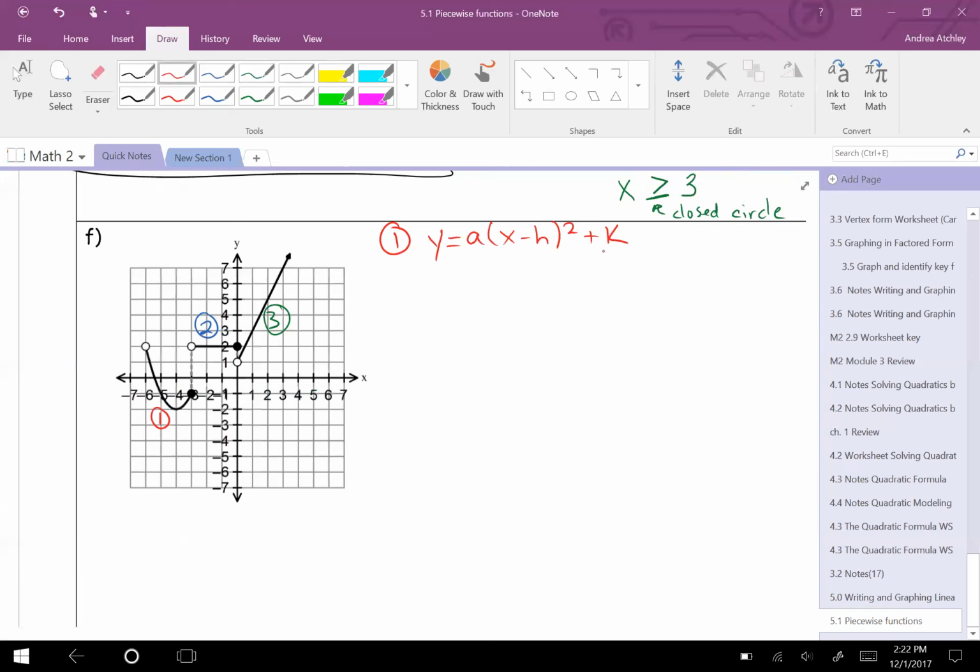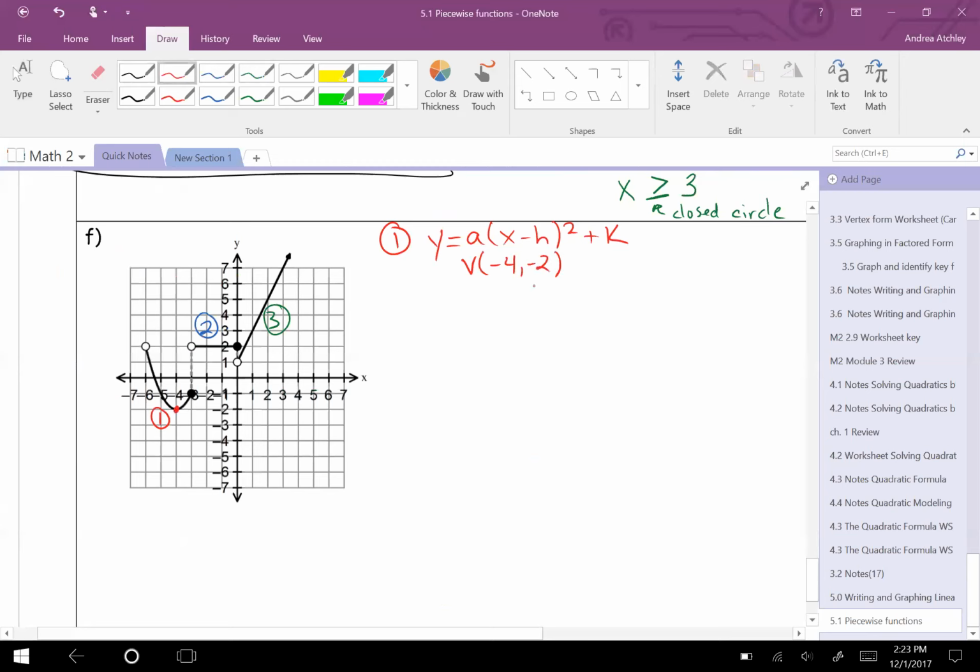Write it down. Jacob M., what did you get for the vertex? Very good. My vertex is -4, -2.